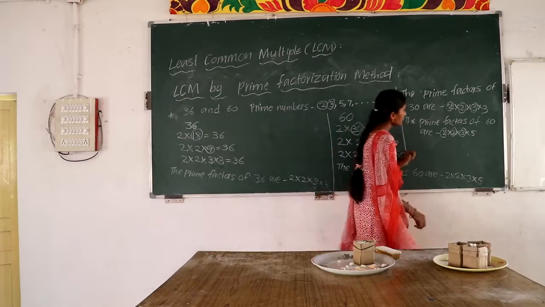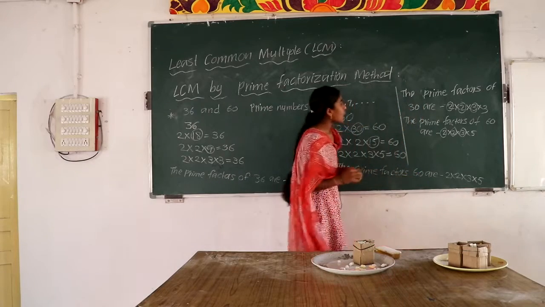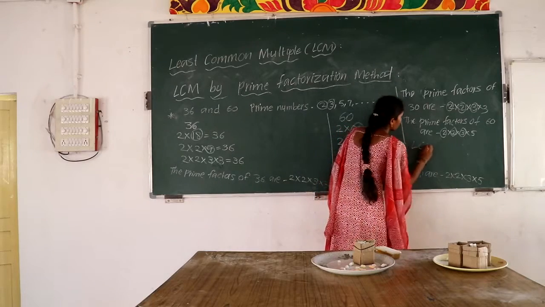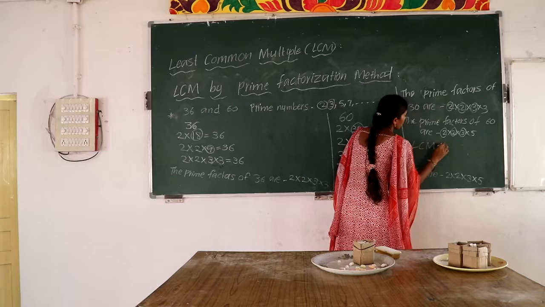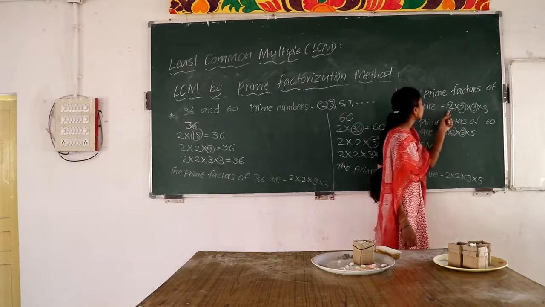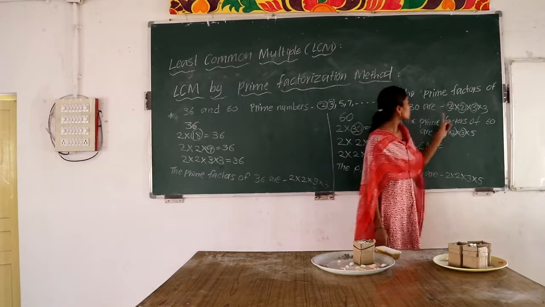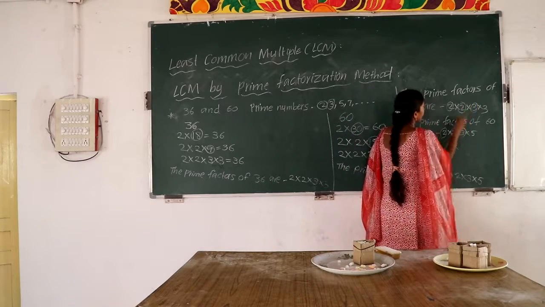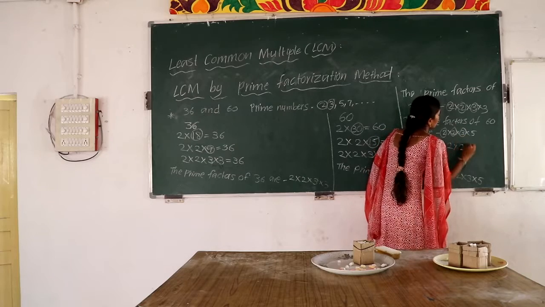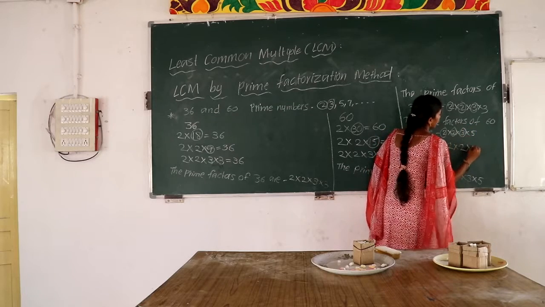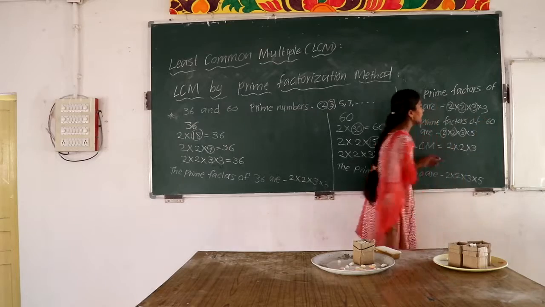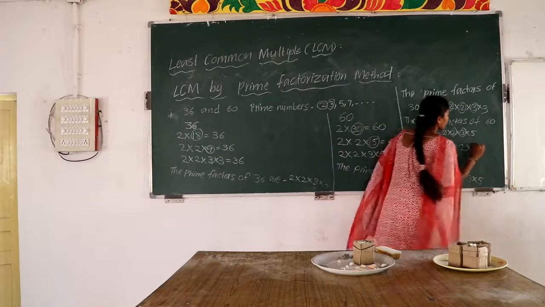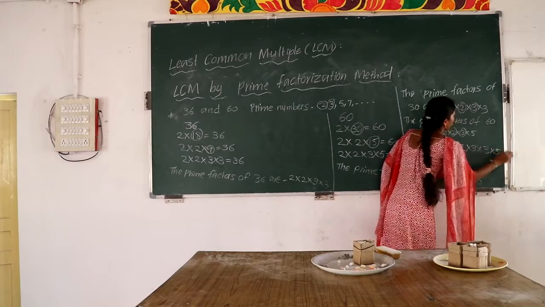So we find the LCM. LCM equals: we take these two 2's, only one pair of 2's; the common 3; and also we take the extra prime factor 5.